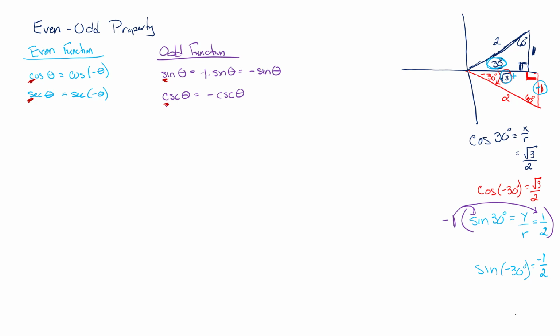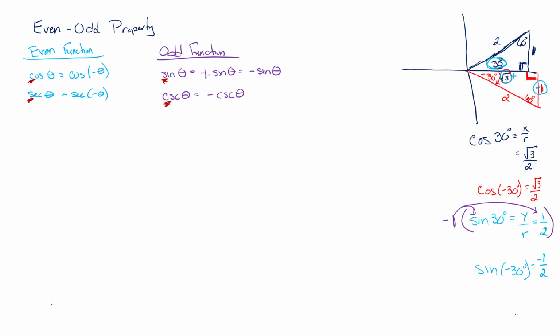So if I'm talking about a C function, the S function is its reciprocal. So if I'm talking about a sine function, the reciprocal of sine, which starts with an S, would have to be a function that starts with a C, which would be cosecant. Does that make sense?